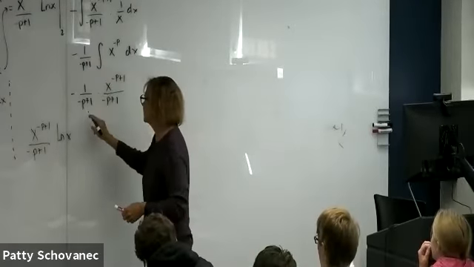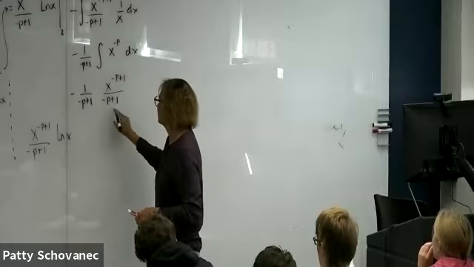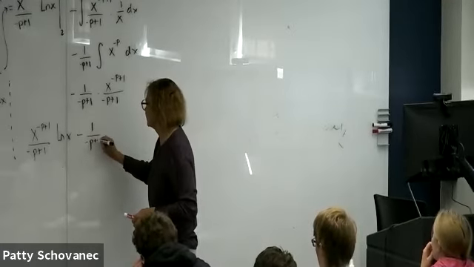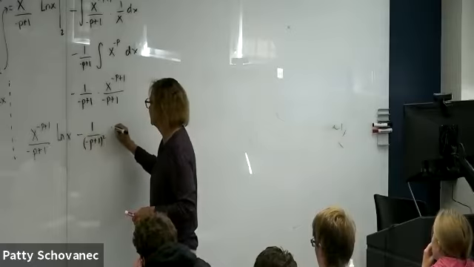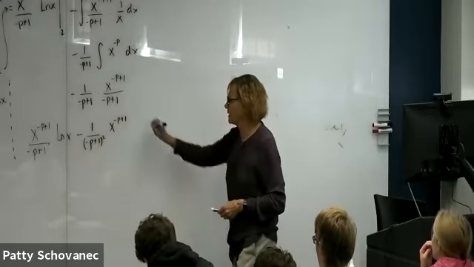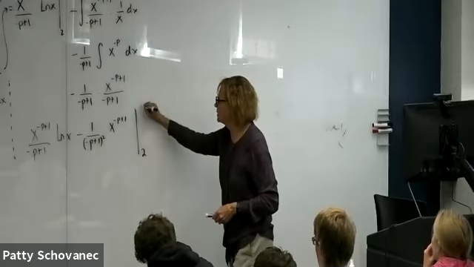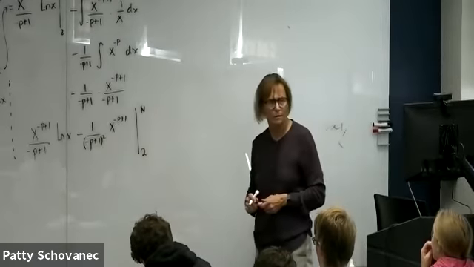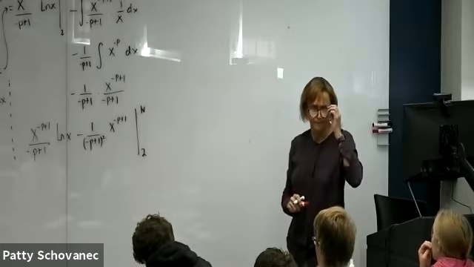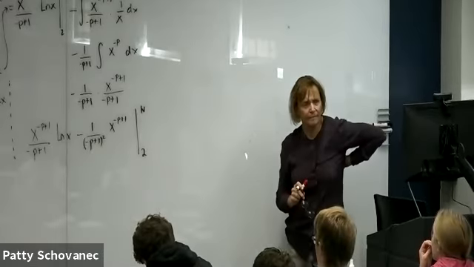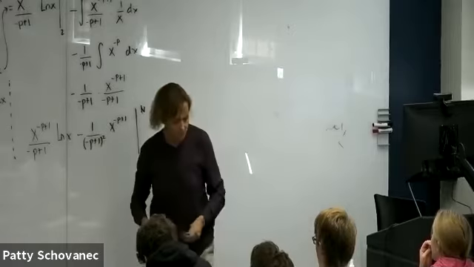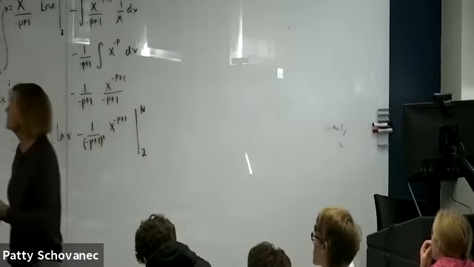Then I've got a pair of those, so I'm going to write that as the quantity squared. Then I'm going to evaluate that from 2 to n.